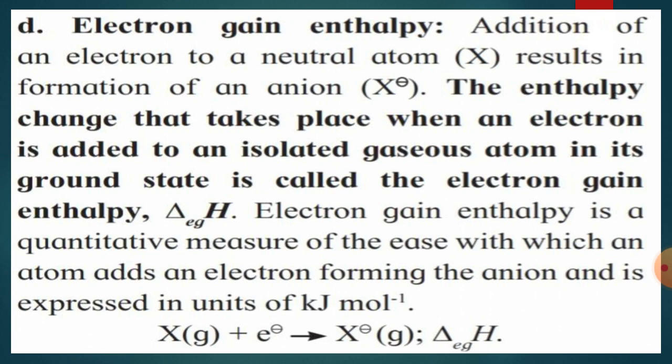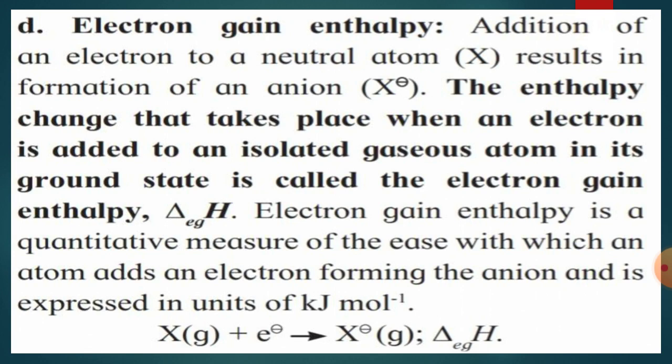Electron gain enthalpy is a quantitative measure of the ease with which an atom adds an electron, forming an anion, and it is expressed in units of kilojoule per mole.